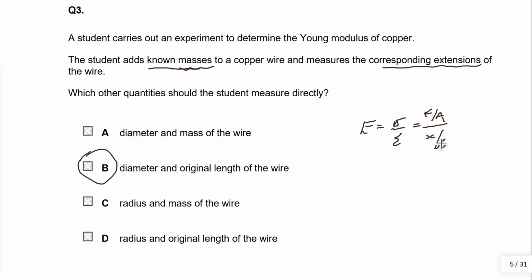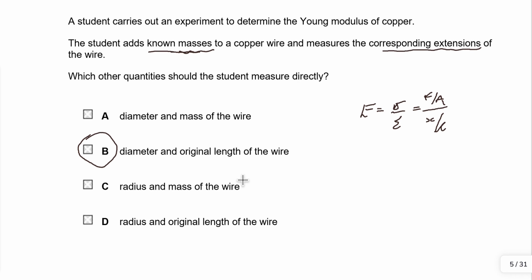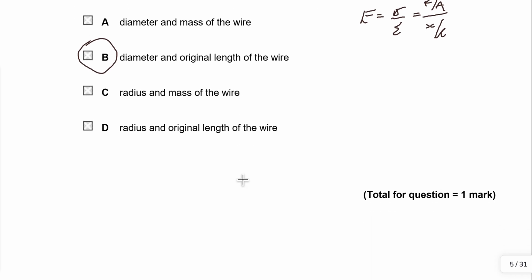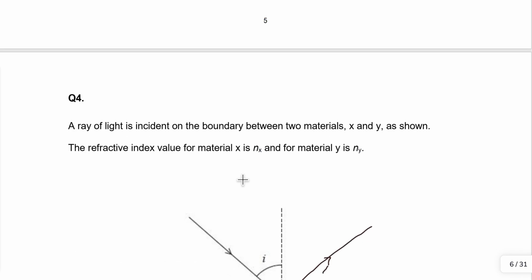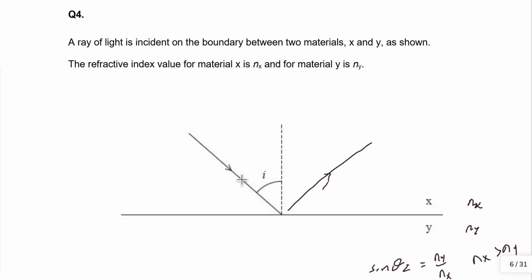And because they've already talked about extension at the bottom with strain, x over L, L is the original length, so the diameter and the original length are the other quantities that should be measured directly.